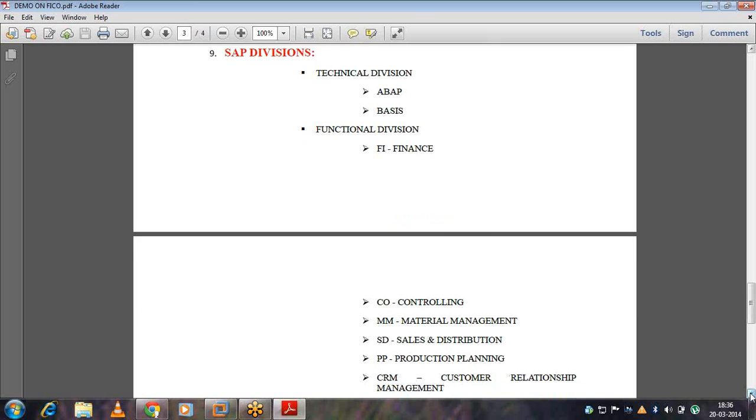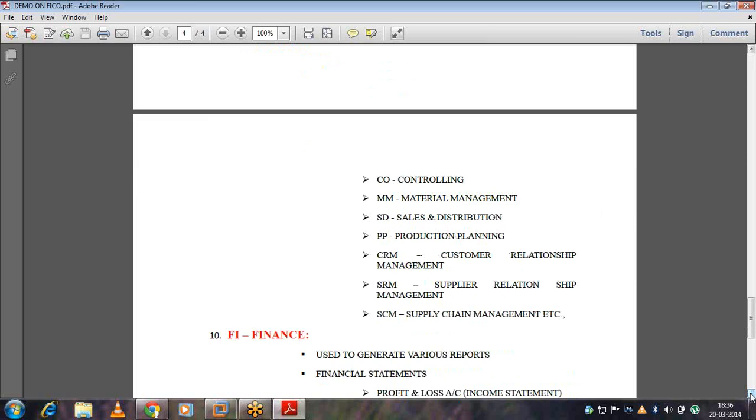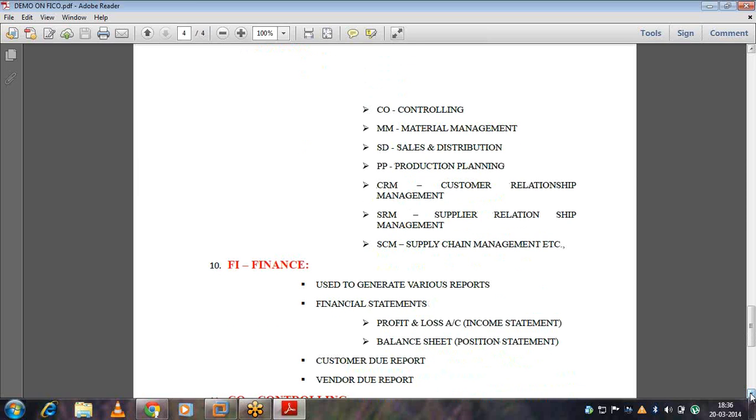Yeah, now let us discuss finance. What is the finance module and why is it used by organizations? What are the advantages an organization will have using the finance module? Basically, this is important to understand.